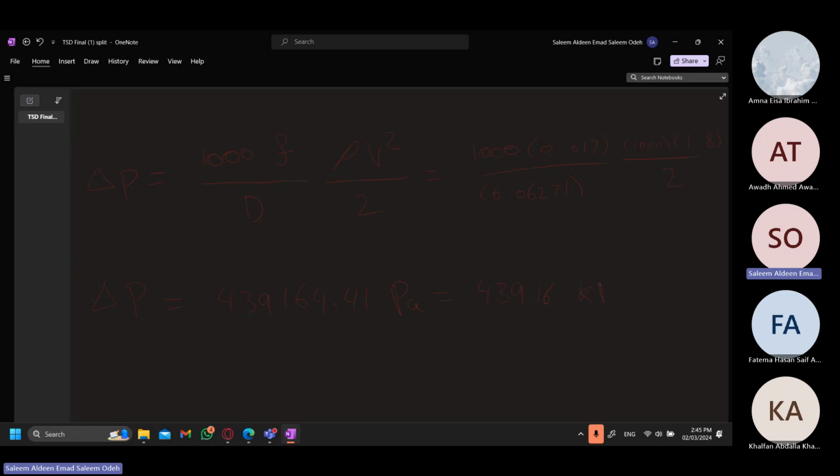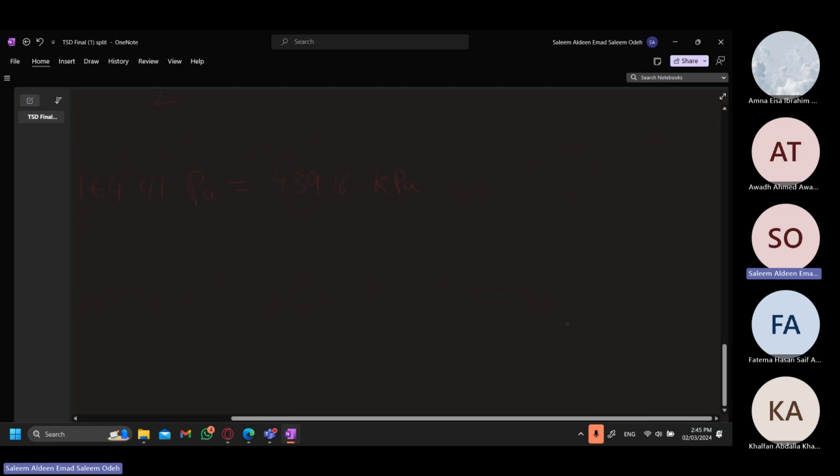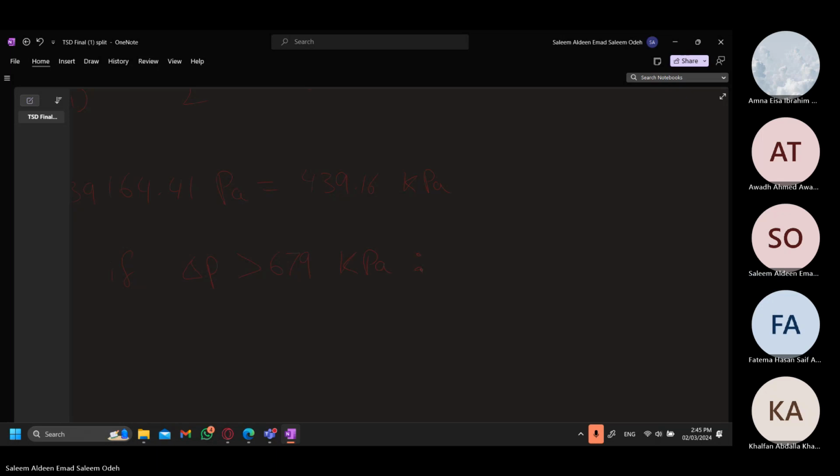439.16 kilopascal. Now, why we want the value to be in kilopascal? Because there will be excessive vibration if the value of delta P is greater than 679 kilopascal.